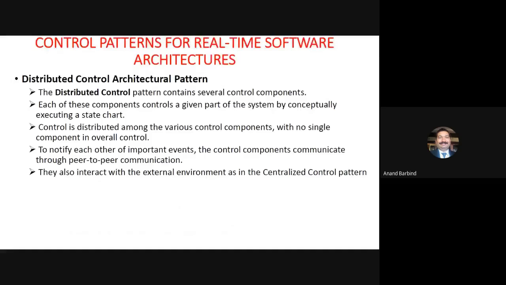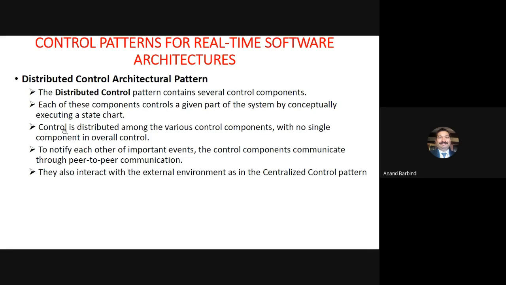The second architecture for such real-time software can be a distributed control architectural pattern. The distributed control pattern contains several control components. Each of these components controls a given part of the system by conceptually executing a state chart.